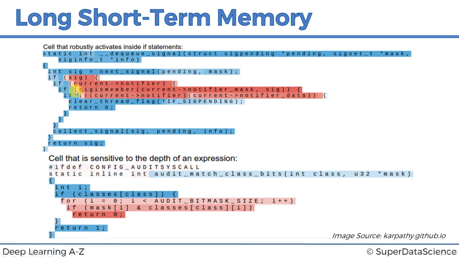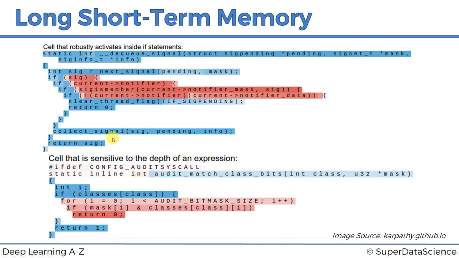You can see it stops being active over here at the actual body of the if statement. So it's only active for the condition of the if statement. And that can be important, because you are anticipating that the condition is going to close with a bracket, and then there's going to be a curly brace to open up the body of the if statement.